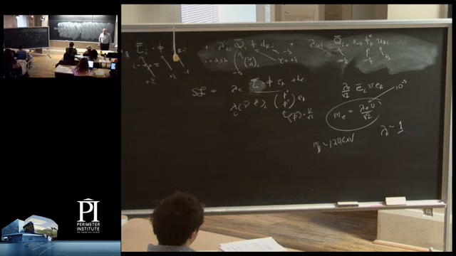I'd like to write down the absolutely most general form allowed by gauge invariance, and then we'll see what we can do with it. So the most general form is the following. I need something which is SU2 cross U1 cross SU3 invariant.